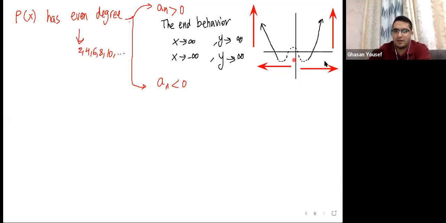In the graph, this is the large and this is the small. For the large, when x goes to infinity, x is increasing, going to infinity. The y value also at the same time goes to infinity. The small side, when x goes to minus infinity, the y value becomes large at the same time.